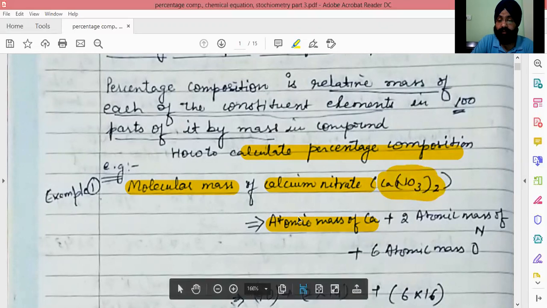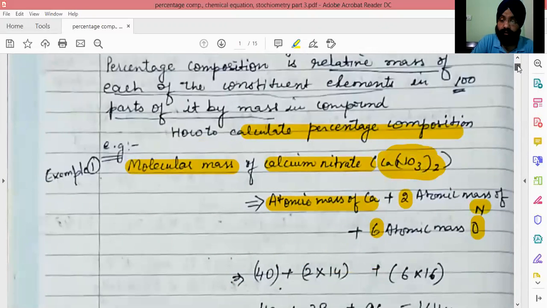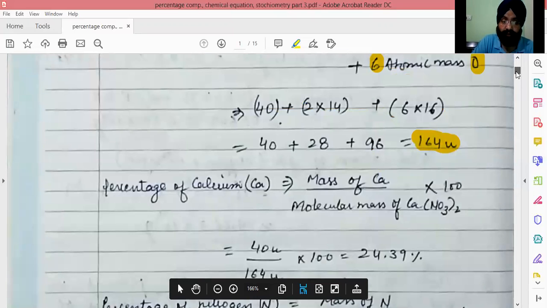Here is one calcium atom, two nitrogen atoms, N into 2, and 6 oxygen atoms, 3 into 2, 6. So 6 times the atomic mass of oxygen, 2 times the atomic mass of nitrogen, and 1 calcium atom. The molecular mass of calcium nitrate is 164.